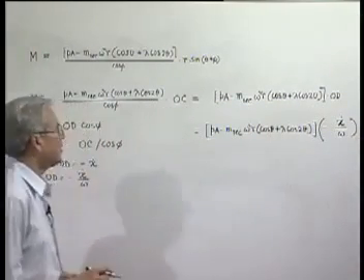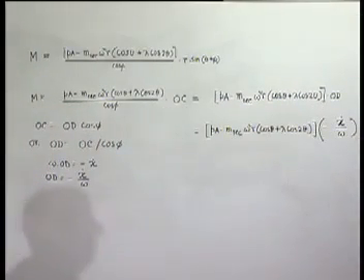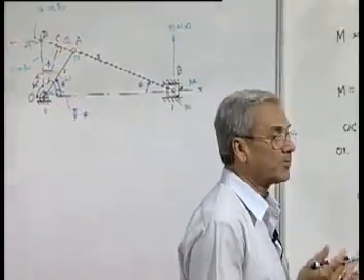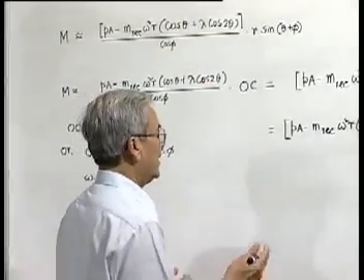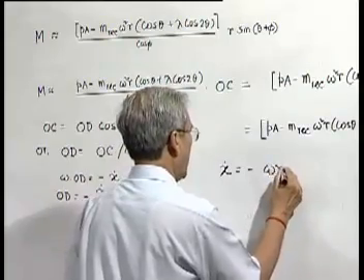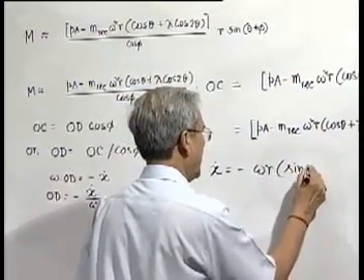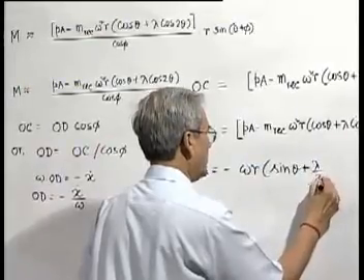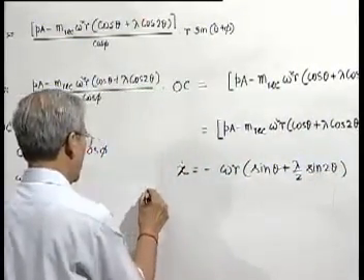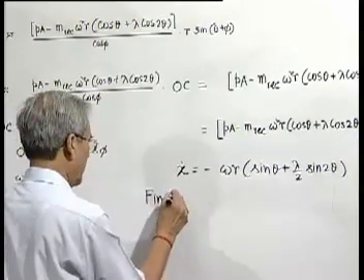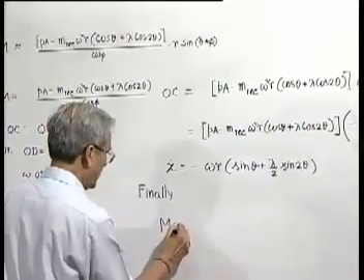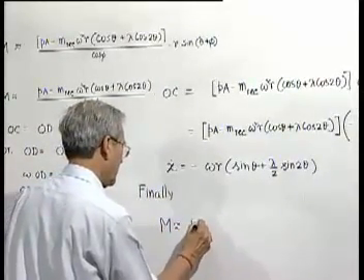Now let us recall from previous modules where we derived the expression for x dot in terms of theta, omega and r. And we know that x dot was minus omega r sine theta plus lambda by 2 sine 2 theta. So finally, we get turning moment is approximately equal to PA.